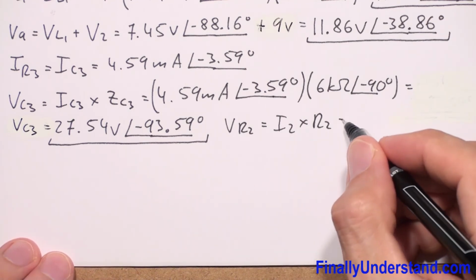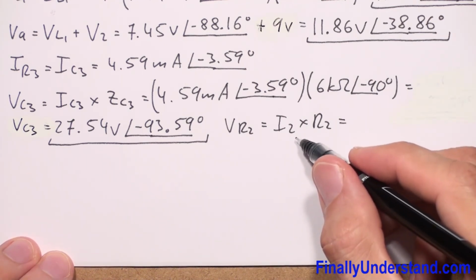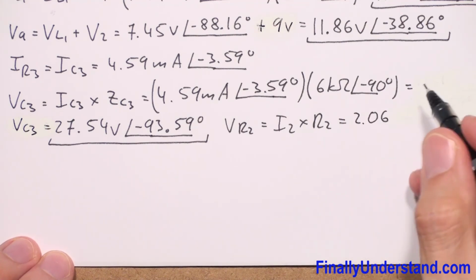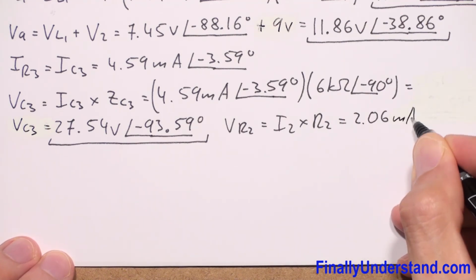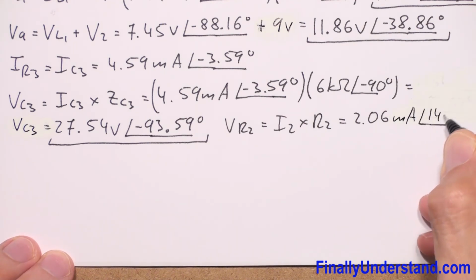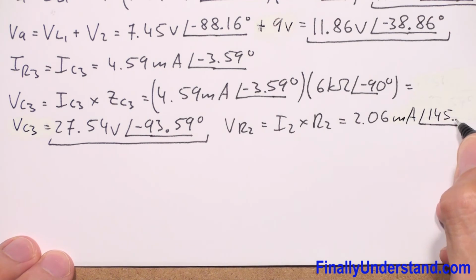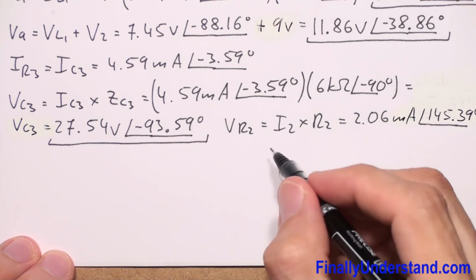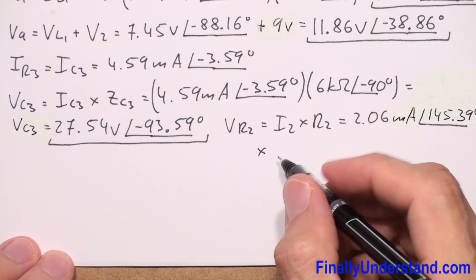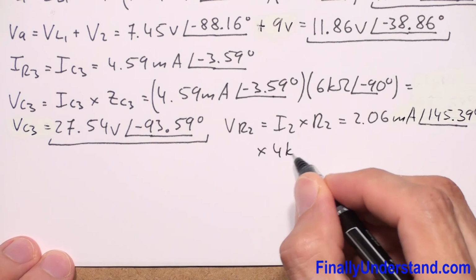I2 we found is equal to 2.06 milliamps and angle of 145.39 degrees times R2, which is equal to 4 kilohms.